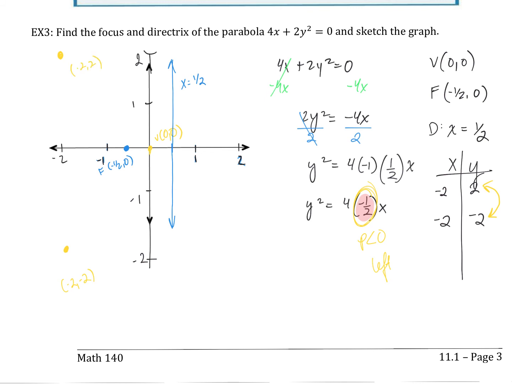Once again, it should have a nice curve to it. It doesn't need to be perfect, but make sure you include that it curves. And there we have it. We have our 5 points: our vertex, focus, directrix, and x and y. Sorry, the directrix is not a point, it is a line. But we have our 5 main values.